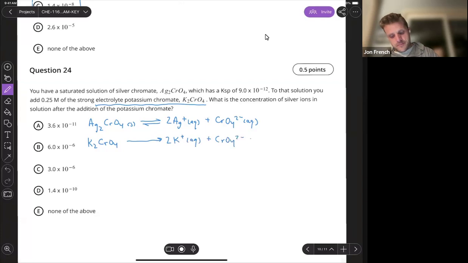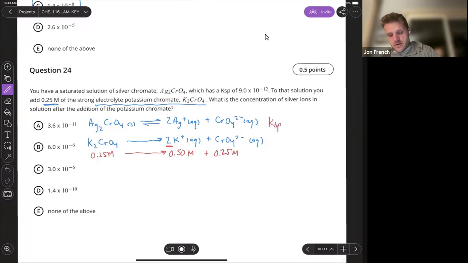I start off with 0.25 molar potassium chromate. Because it ionizes completely, 0.25 molar chromate, and actually twice as much potassium because of that coefficient 2.